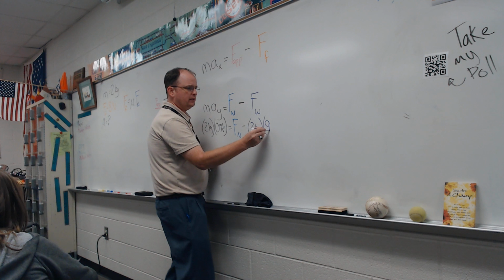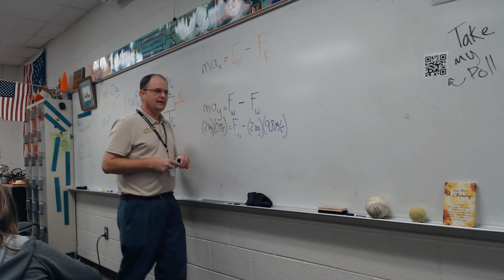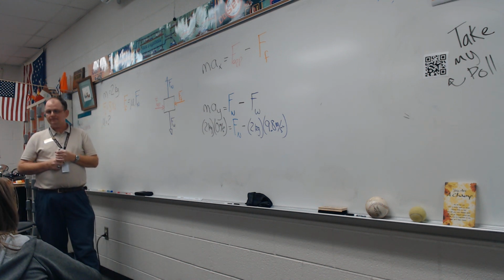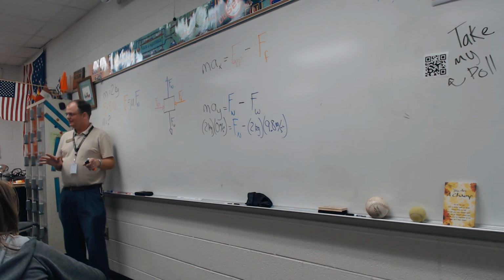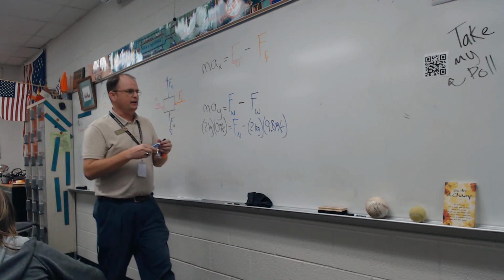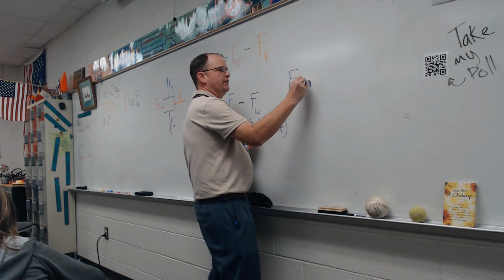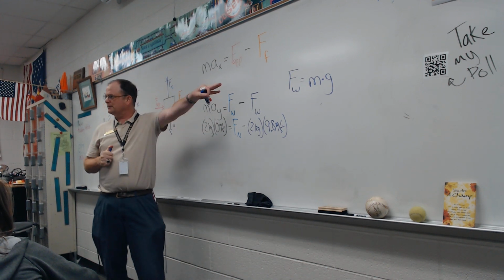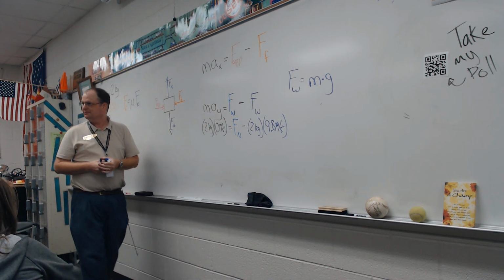And for Earth, that's 9.8 meters per second squared. Is that okay that I wrote it like that? I took FW, I'll write it to the side, just in case you're reviewing later, equals m times g. And instead of doing it to the side, I literally just plugged in m times g.